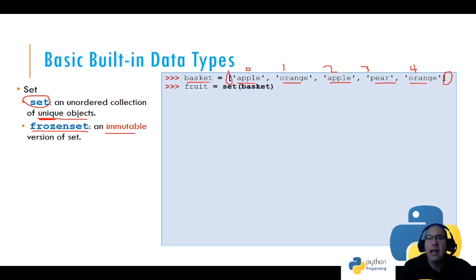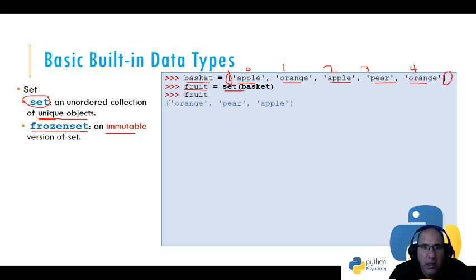We can create a set out of this basket. This means we need to drop the repetition for any item. So if we create fruit using the set constructor and give it the basket, it will take apple, orange, apple already found so it won't add this one, pear, okay, orange we already have, so the size of the set will be 3.